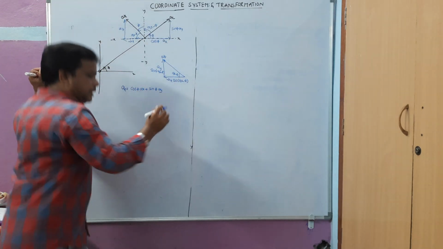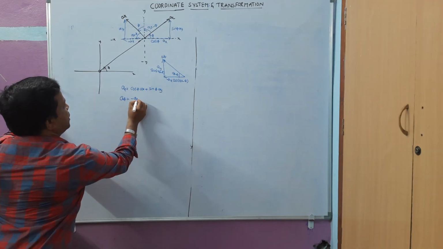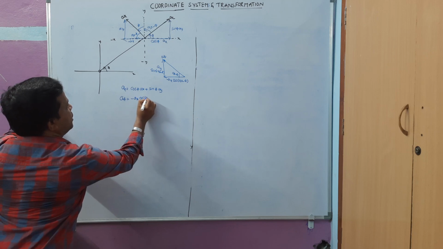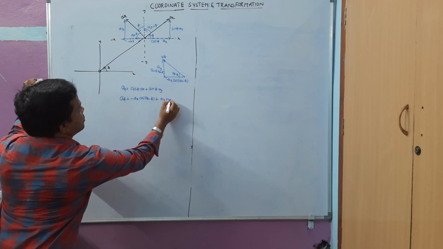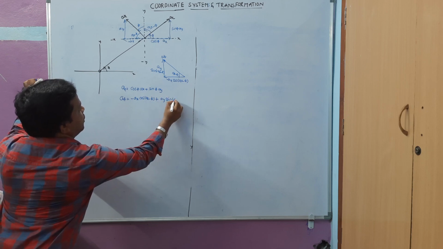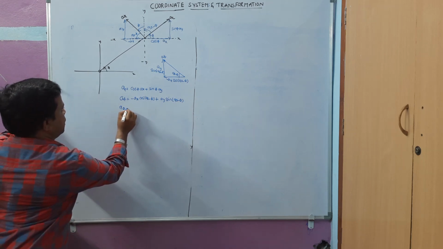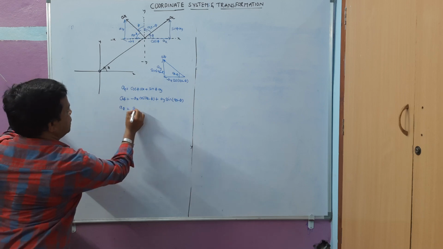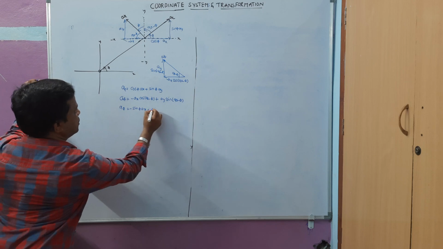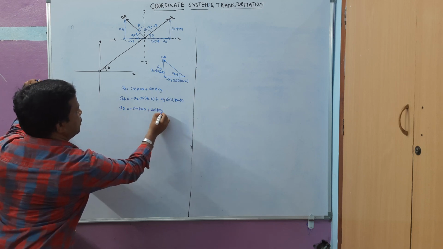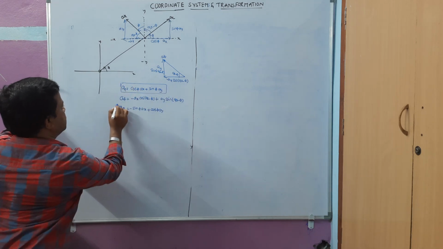So a phi becomes minus ax cos(90 minus phi) plus ay sin(90 minus phi). So a phi gives me minus sin phi ax plus cos phi ay.